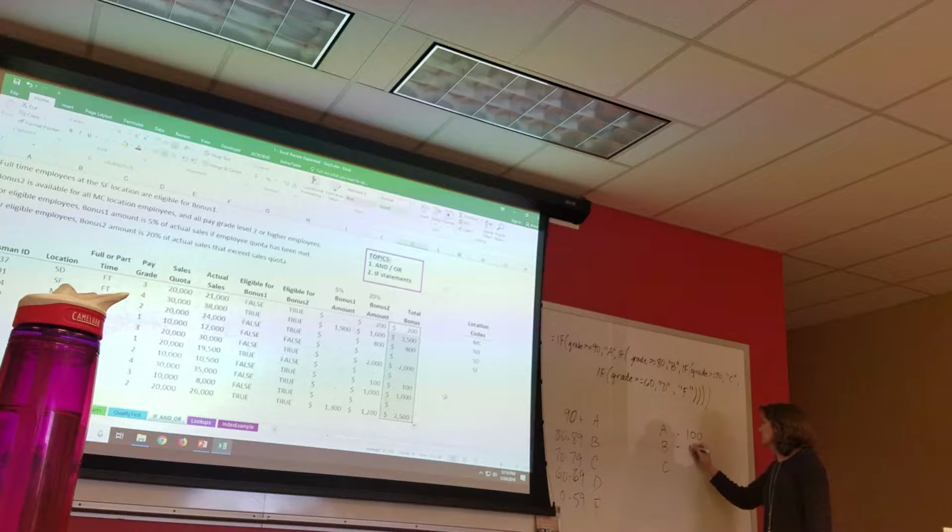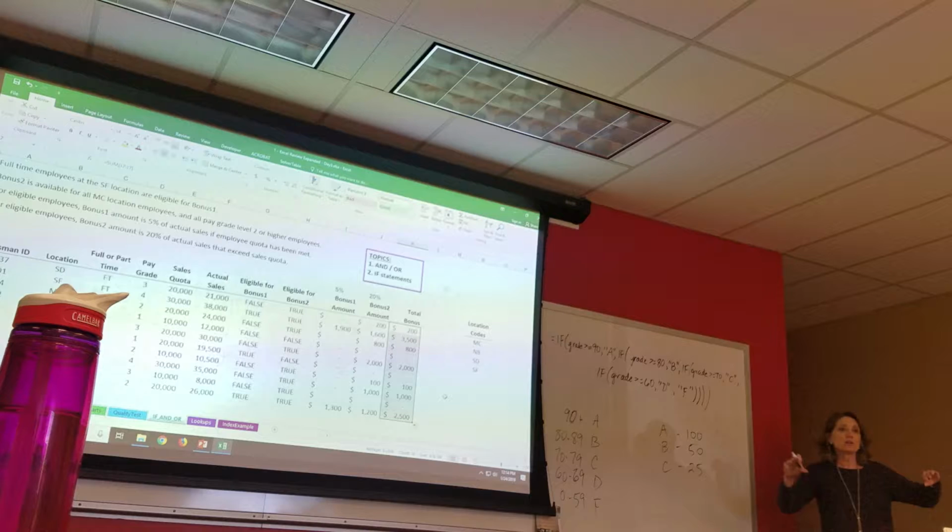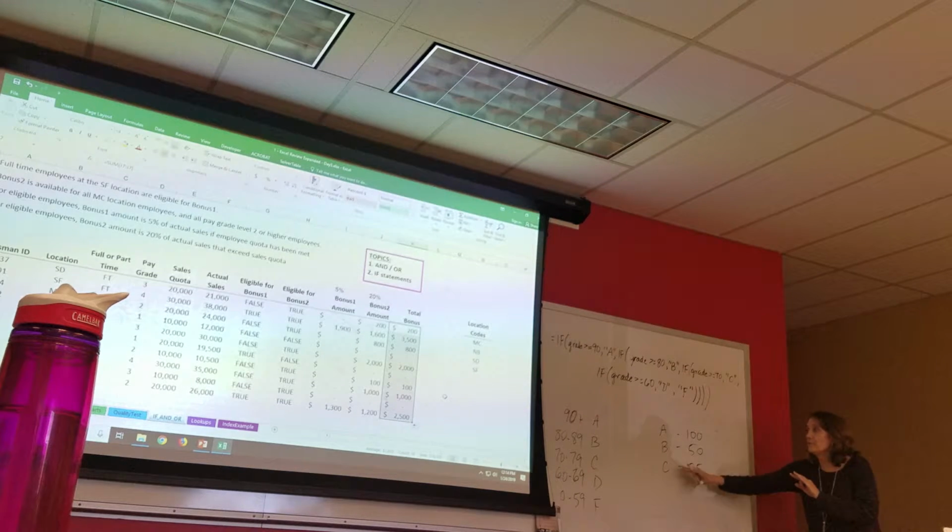B under your seat, you get $50. C, you get $25. Every chair has one. No chair is empty, no chair has more than one. Each chair has one of these three things. Those are mutually exclusive categories.